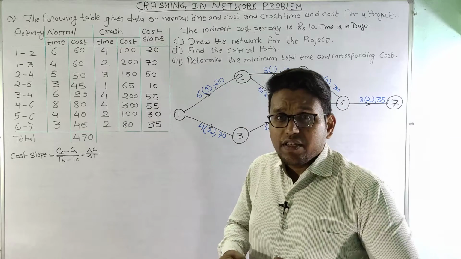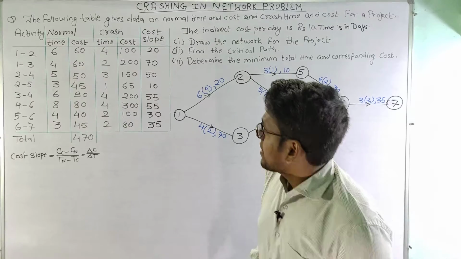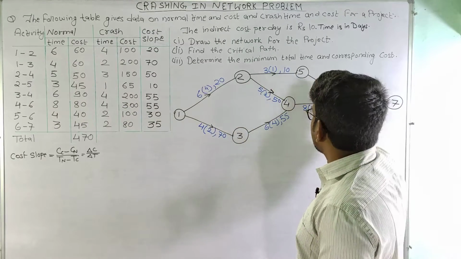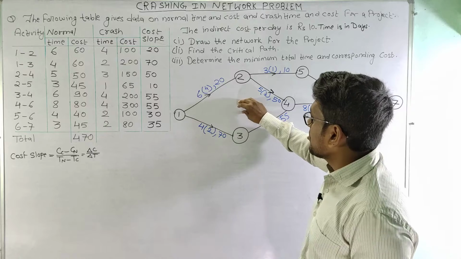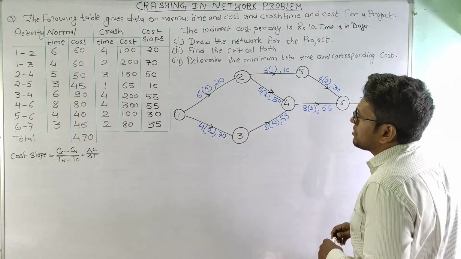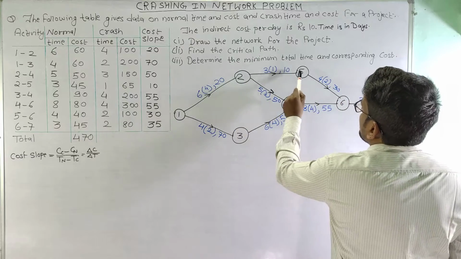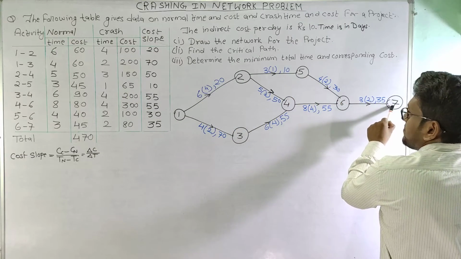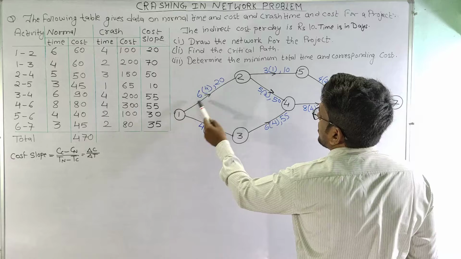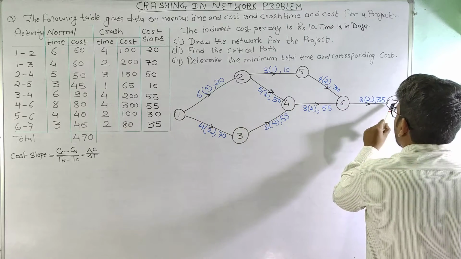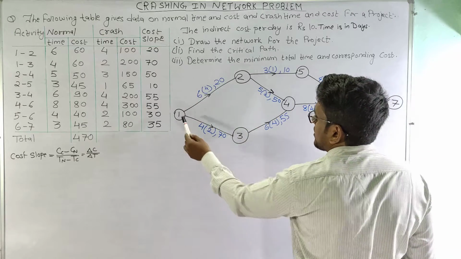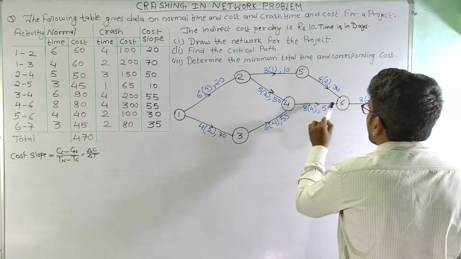Now we'll first see what are the various paths that constitute this project. So as we can see in this project, one of the paths is 1, 2, 5, 6 and 7, and the next path can be 1, 2, 4, 6, 7, and there is one more path 1, 3, 4, 6, 7.